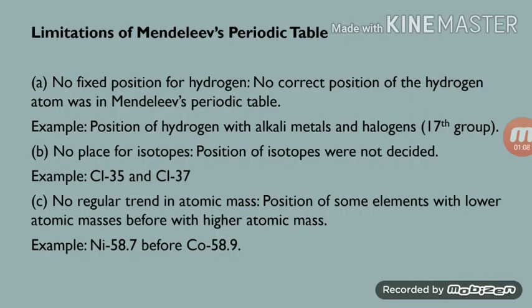Next limitation is no place for isotopes. In our environment there are loads of isotopes present. For example, chlorine 35, chlorine 37. The hydrogen atom also has many isotopes: protium, deuterium.